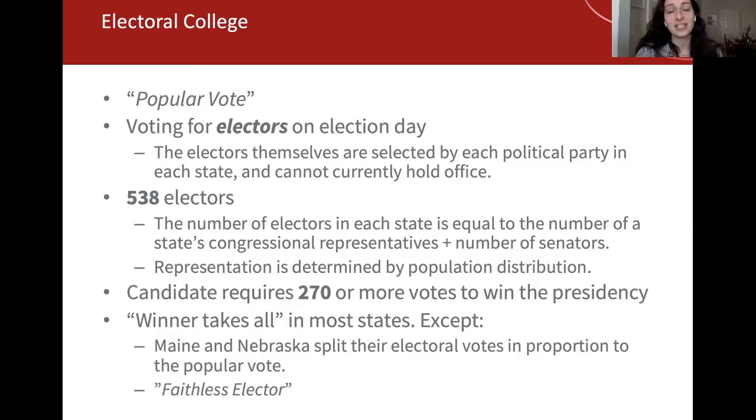There are fines or other types of prohibition that discourage this, but it does happen. In 2016, a couple of electors voted for Donald Trump when their state's popular vote indicated their vote should go towards Hillary Clinton, and vice versa. I will note, though, that this has never impacted a presidential election. No president has ever been elected because of a faithless elector.